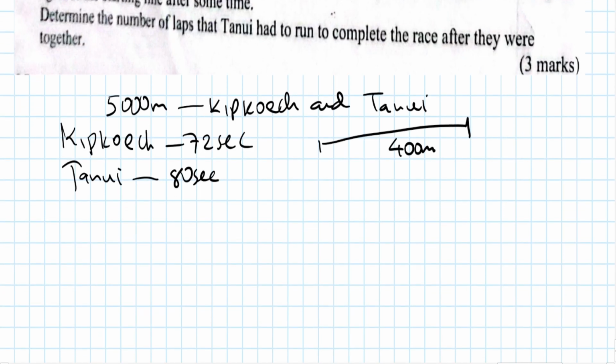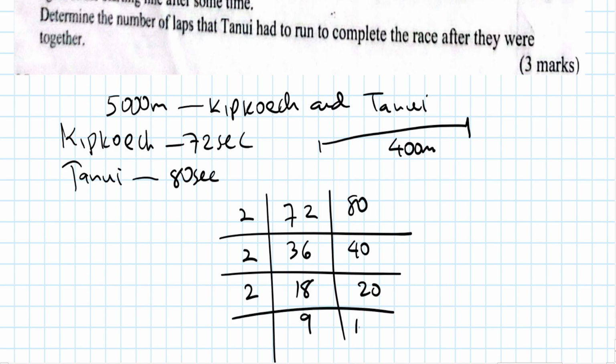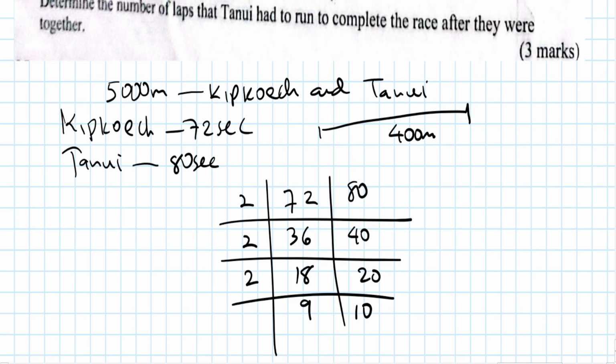Now let's search for the LCM of 72 and 80. So divide by 2, 36. This one gives you 40. Divide by 2 gives you 18 and 20. Divide by 2 gives you 9 and 10. Still divide by 2.